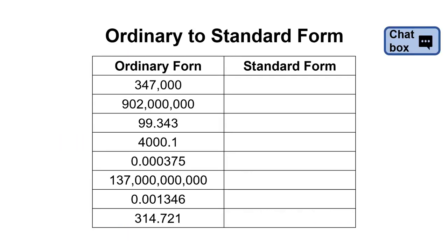Let's look into some examples that you can play around with, where you go from ordinary to standard form. Let's talk about it. What do you have as your answers there? Think about it.